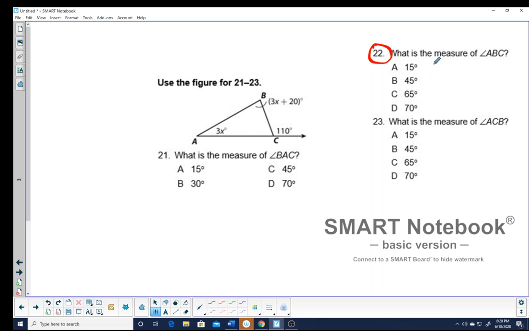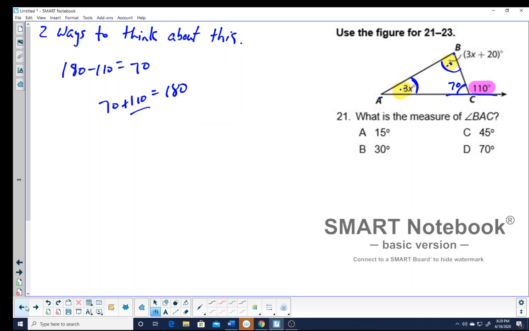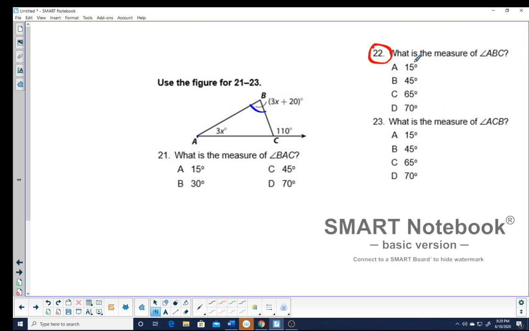On 22, what's the measure of ABC? Well, ABC is right here. Now we can use what we did and answered in question 21. Remember, we solved and we got x equals 15 when we solved for x, so we can just use that information.